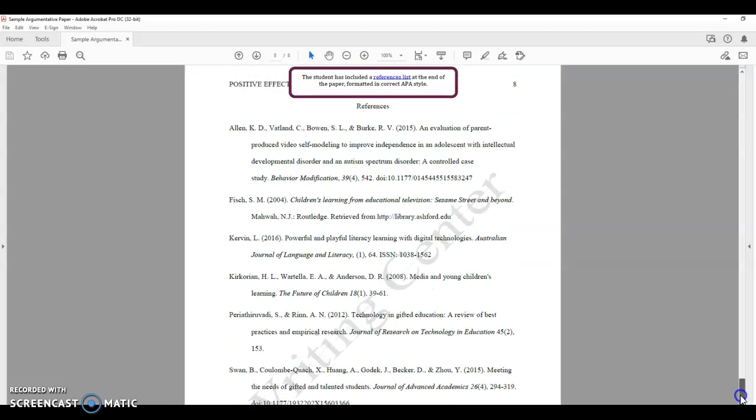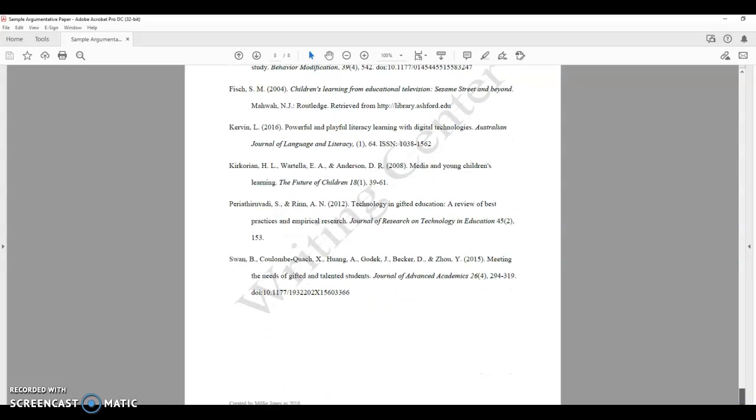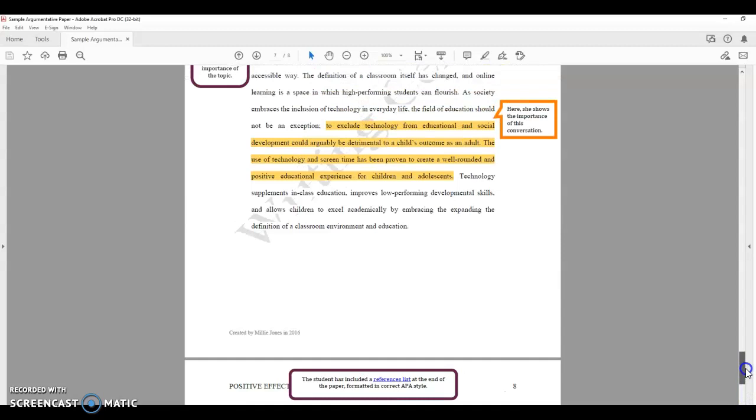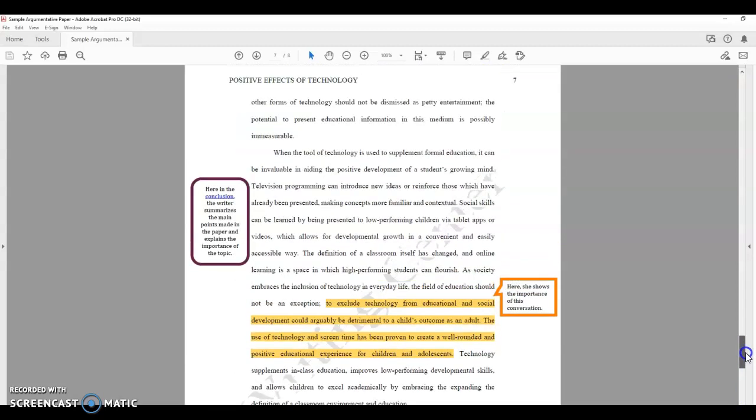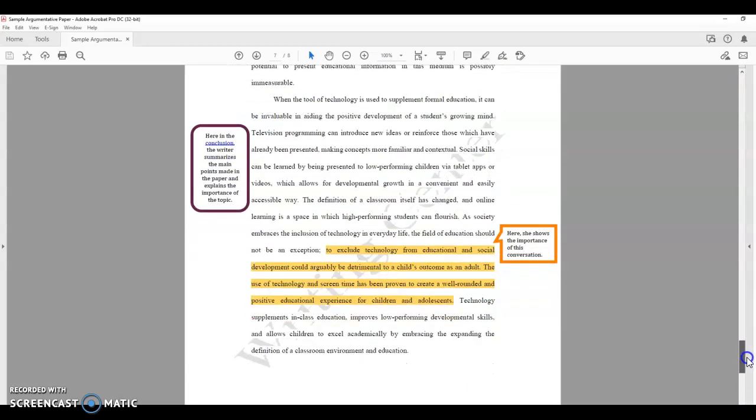And then she has her references. This is APA, so it says references, and she has her list of references here. So this is simply a nice example of a well-written, well-supported essay, and I think you should look through it.